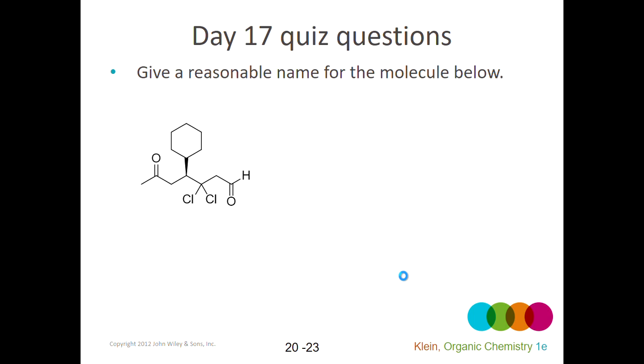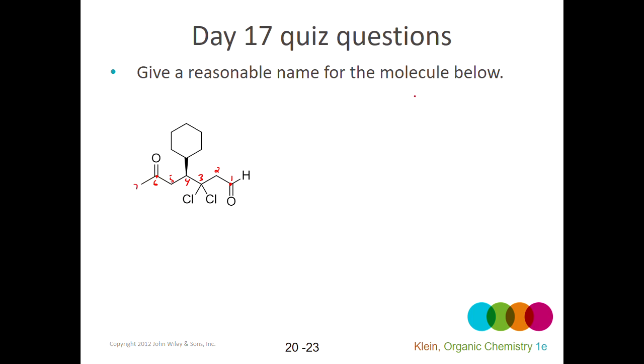So here was the quiz question then. I'm noticing that the quiz question has both an aldehyde and a ketone. So the aldehyde is going to take numbering priority. I'm going to number the parent chain from the aldehyde to give it the lowest number possible, and that gives me 7.